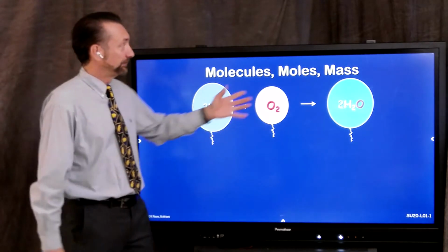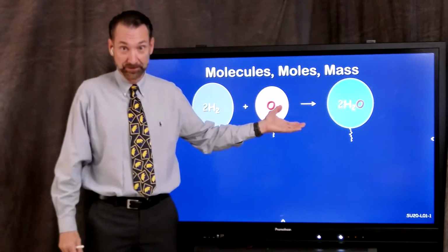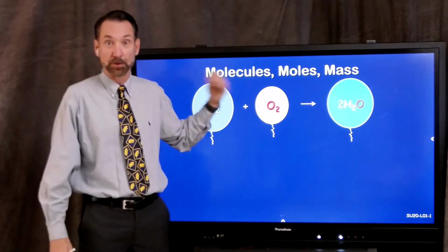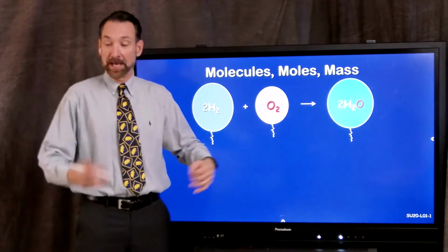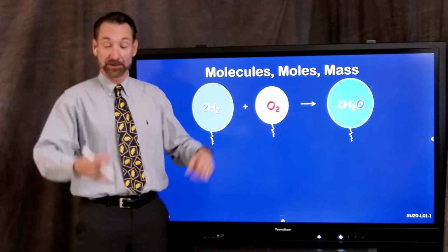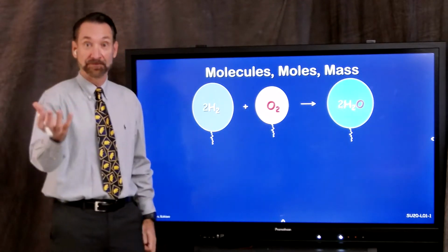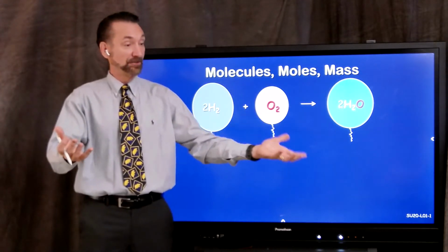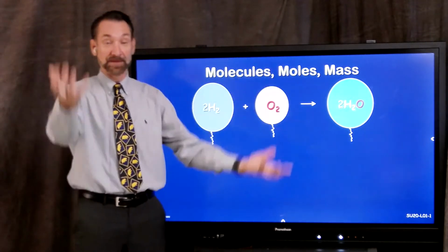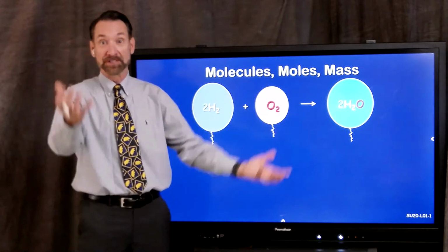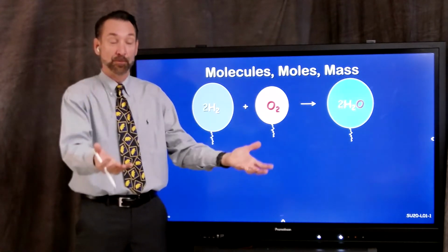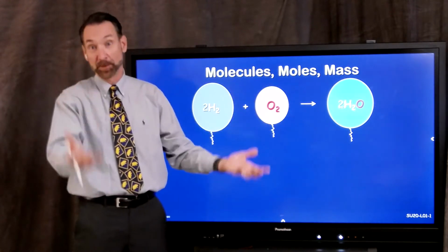We kept track of counting particles by using the definition of the mole, so Avogadro's number, and we had a long discussion of relative masses. If your relative mass is 5 and someone else's relative mass is 10, those two relative masses have the same number of particles in them. That's how we defined relative mass.